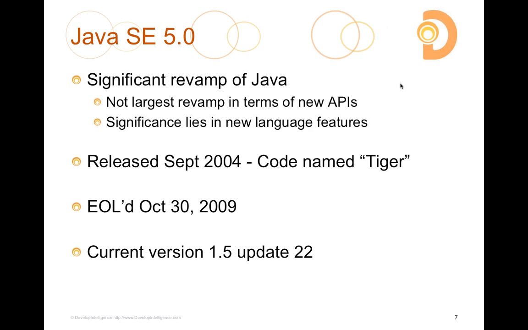So Java 5, if you're not much of a historian, was released in 2004. As I mentioned, about 50% of the engineers we delivered training to last year are still using Java 5. You'll notice that Java 5 was end-of-lifed by Sun back in 2009.